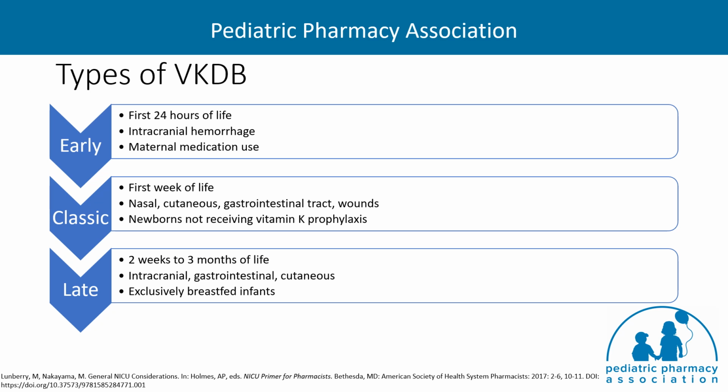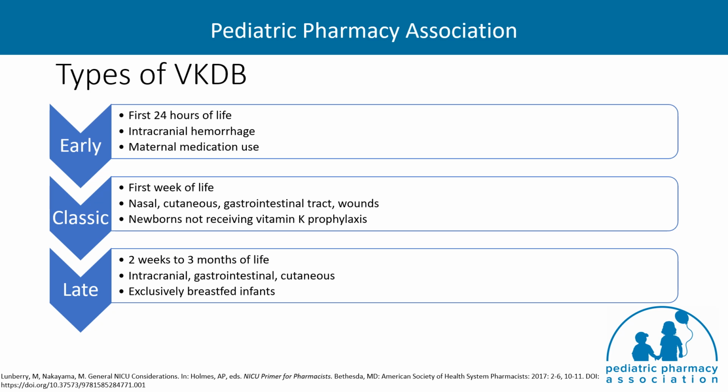Classic vitamin K deficiency bleeding occurs in the first week of life, and you may see nasal, cutaneous, gastrointestinal, and wound bleeding. This occurs in newborns that did not receive vitamin K prophylaxis. So as you recall, they don't have vitamin K from the placenta. They may not be producing in sufficient quantities yet from their GI microbes.